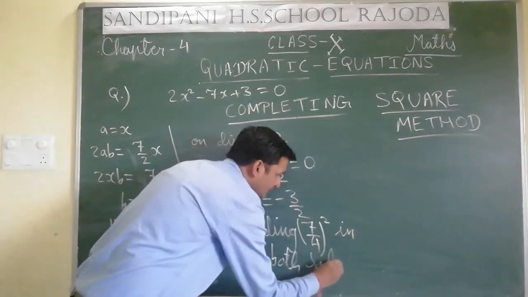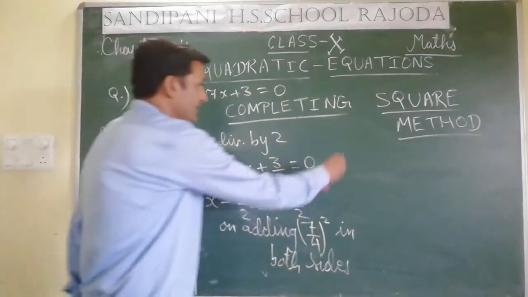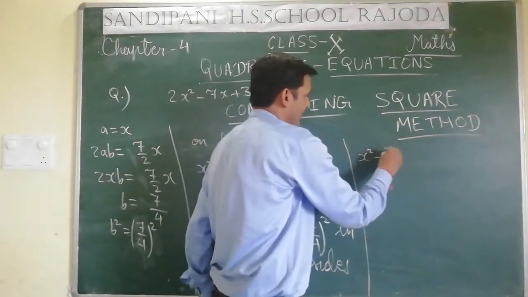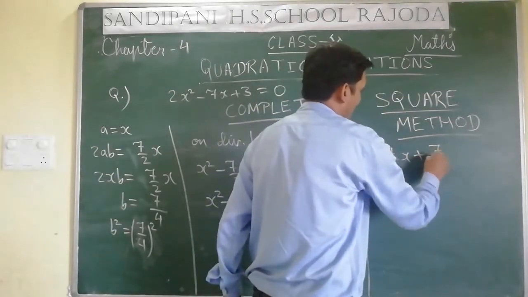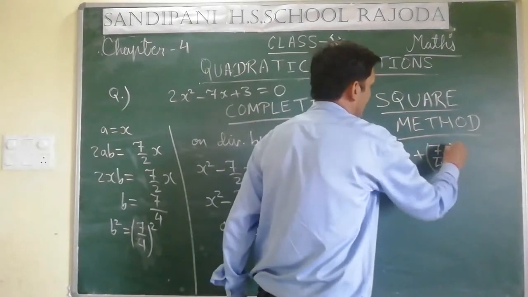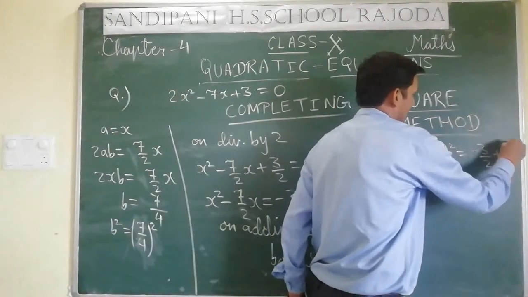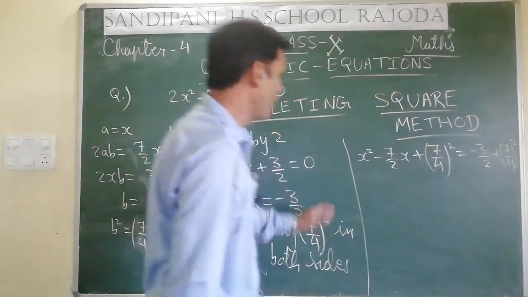if we add 7 by 4 whole square in both sides, then this equation will be in this manner: x square minus 7 by 2 x plus 7 by 4 whole square is equal to minus 3 by 2 plus 7 by 4 whole square. So what we got?